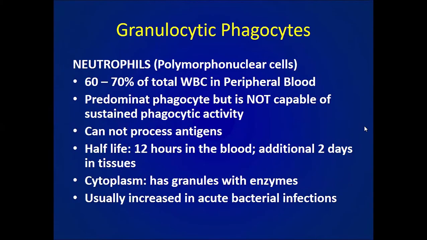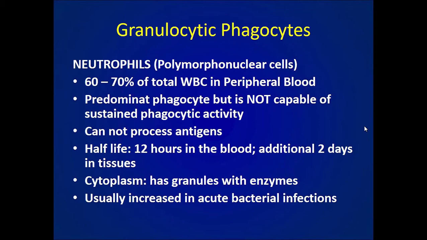Okay. Now let's go to the granulocytic phagocytes. From the monocytes, this group of white blood cells is characterized by the presence of characteristic granules in their cytoplasm. We have the neutrophils, also referred to as polymorphonuclear cells because of the characteristic shape of the nucleus.